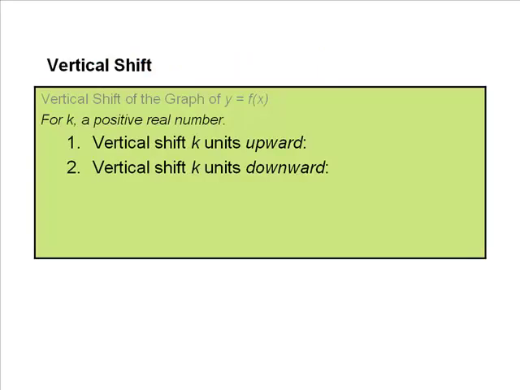Now, a vertical shift. If we start off again with the parabola y equals x squared, or f of x equals x squared, for k a positive real number, we would do a vertical shift k units upward. So if it's plus k, we move up k units, and if it is minus k, then we move it down k units.